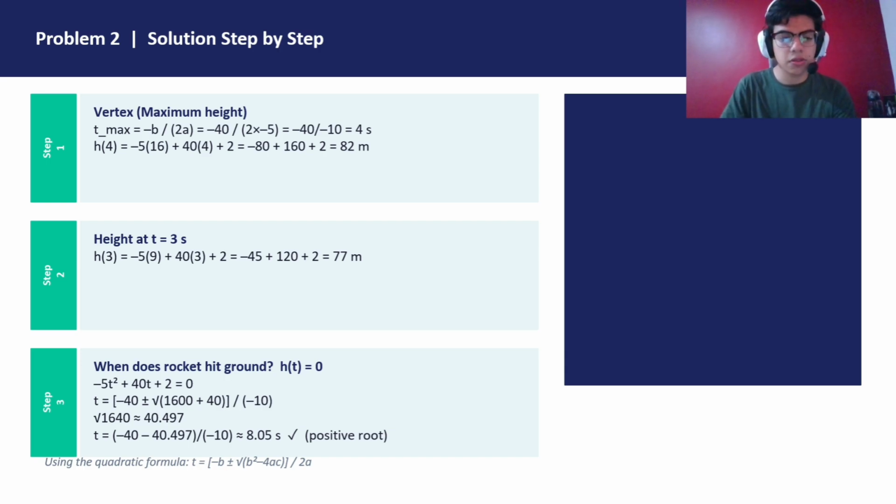All of that gives us 40.49, oh sorry, 40.497. So t equals minus 40 minus 40.497, divided by minus 10.